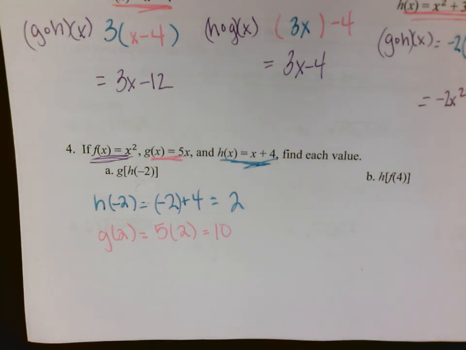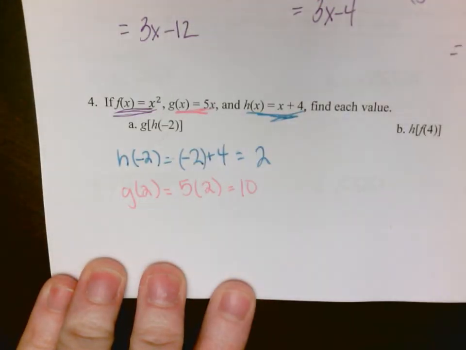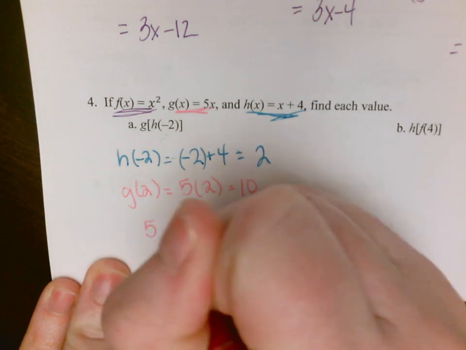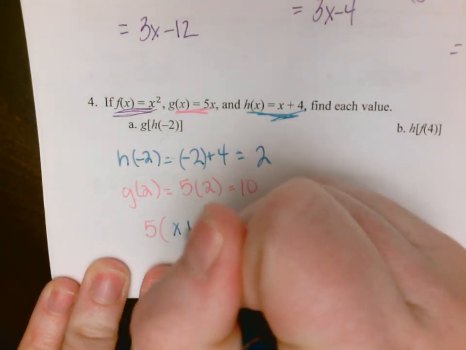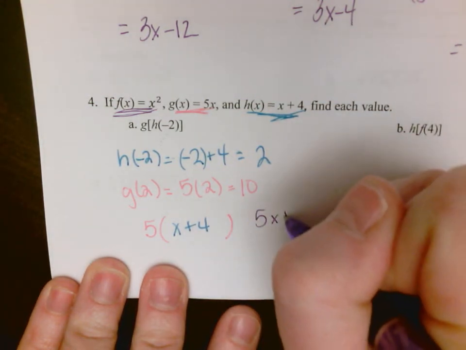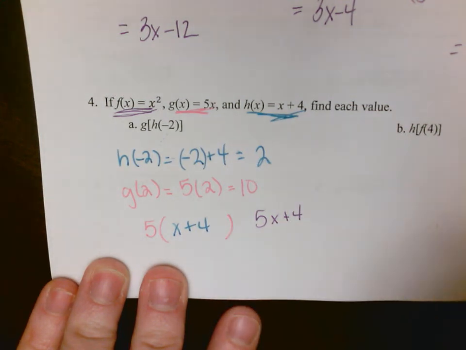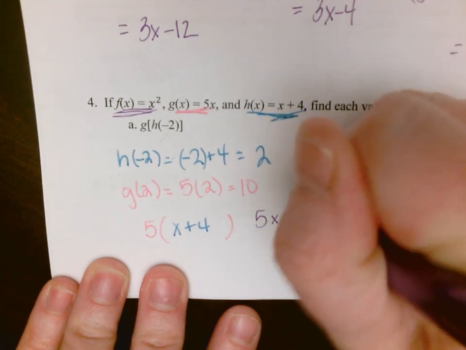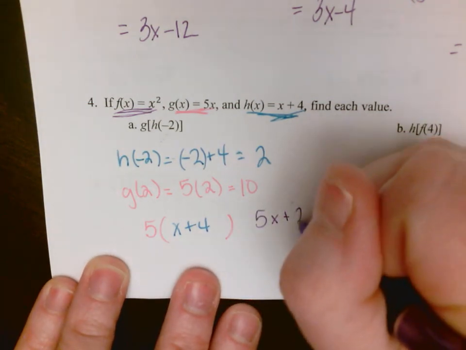I will not make you do the composition of G of H in order to plug in 2. If you were to do that, plugging H into G, you would have 5 times x plus 4, which would give you 5x plus 20, because 5 times x is 5x and 5 times 4 is 20.